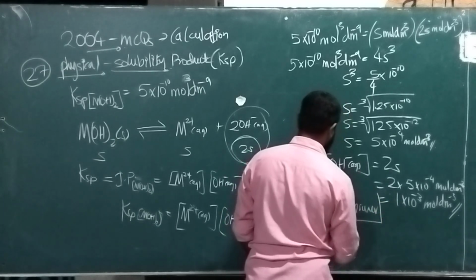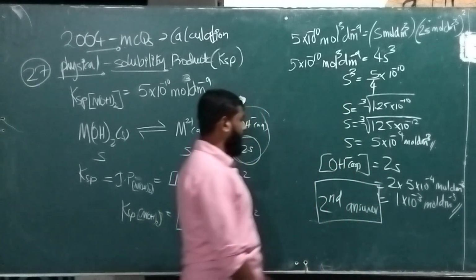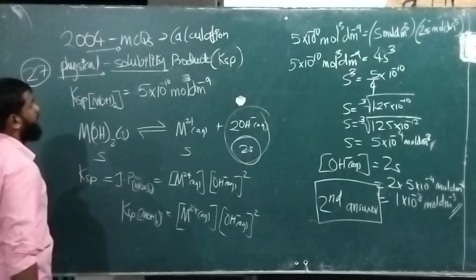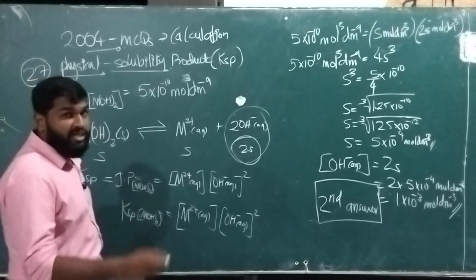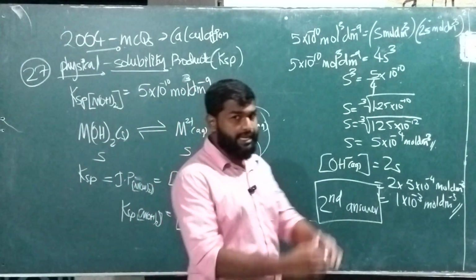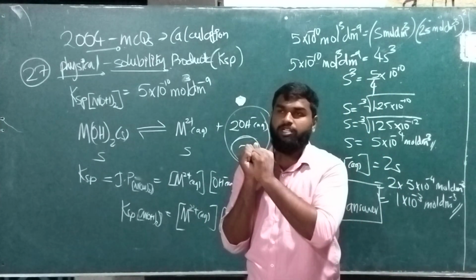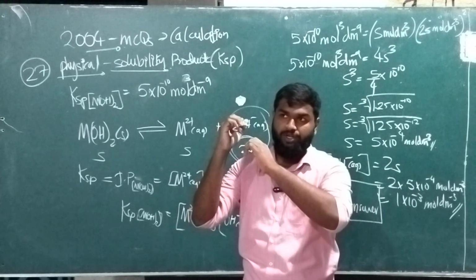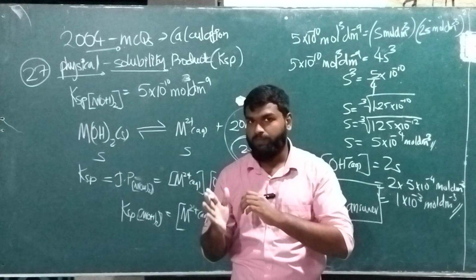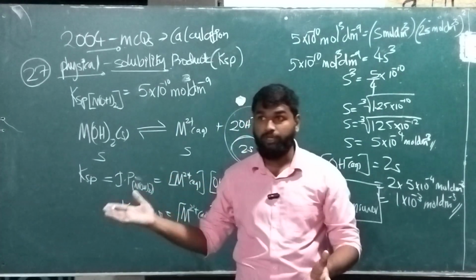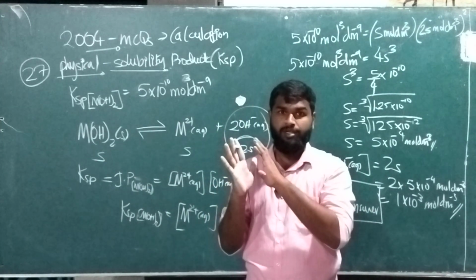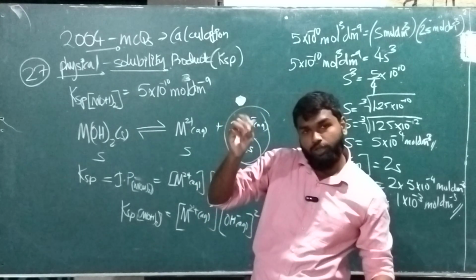The thing behind this question is, when ionic product is equal to Ksp, it has just become saturated. That's the main thing you have to know. In a saturated solution, the amounts of OH minus and M2 plus are completely filled up, so it is at the verge of precipitation.